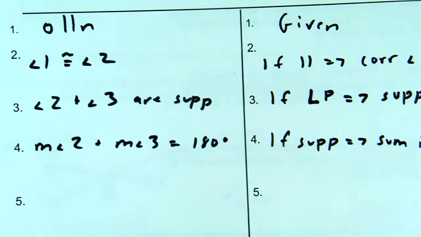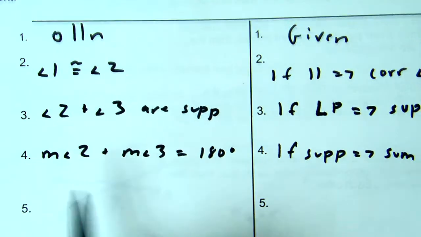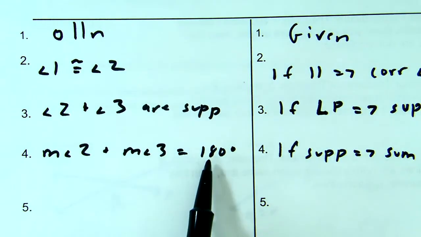So let's take a little step back here and see what we've done. So we've shown that 1 and 2 are the same. And then we said, okay, well, 2 and 3, they're supplementary, which means that they add up to 180. Ultimately, what we're trying to show is that angle 1 and angle 3 are supplementary. Okay? So at this point here, what I would highly recommend doing is recognizing that angle 2 plus angle 3 is equal to 180.